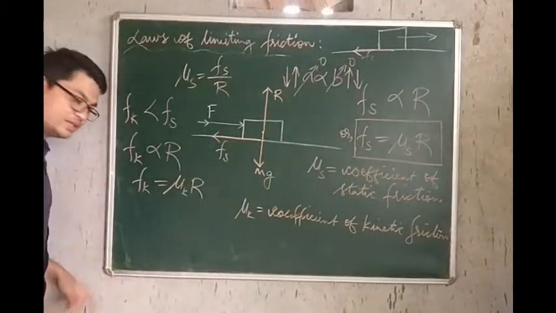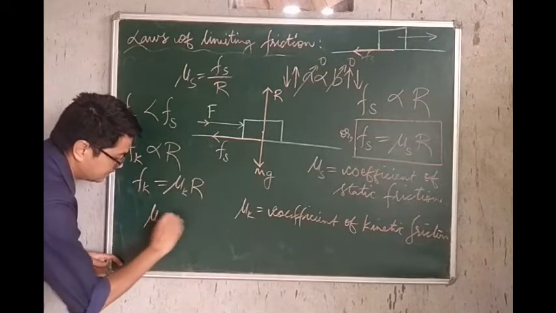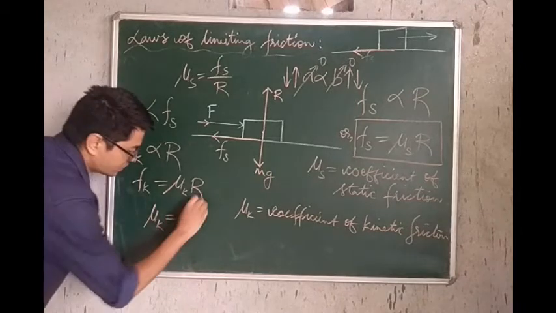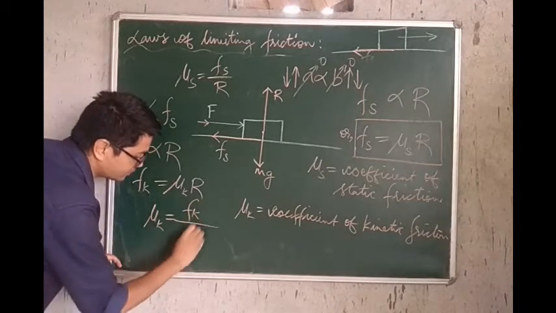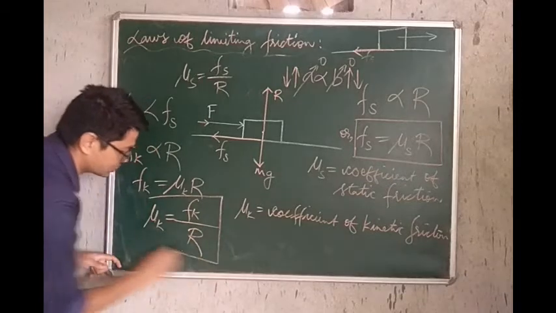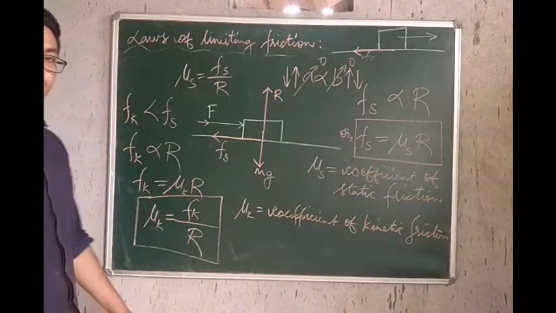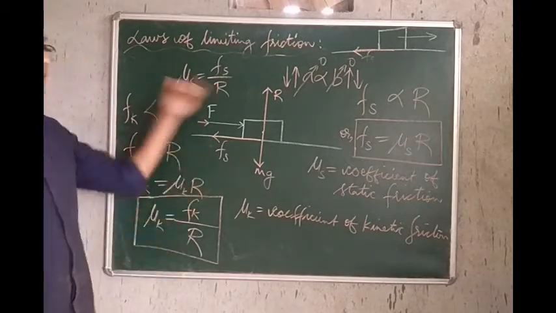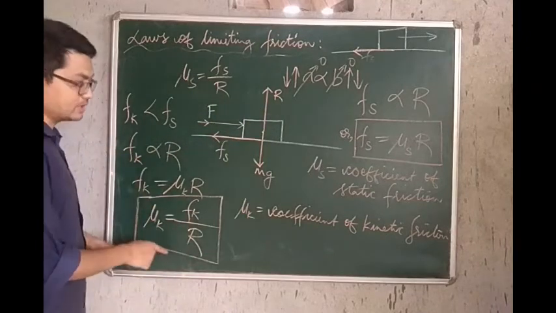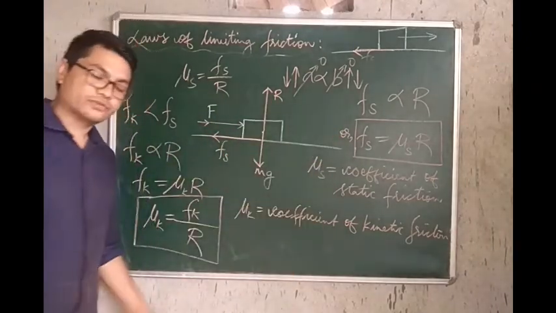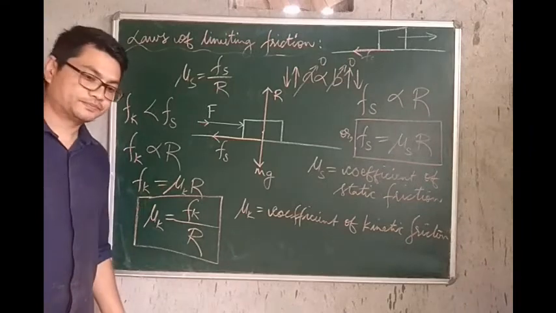And if you have to define mu k, the coefficient of kinetic friction is the ratio of the force of kinetic friction to the normal reaction. Very similar relations, but this is for kinetic friction, this is for static friction or limiting friction.